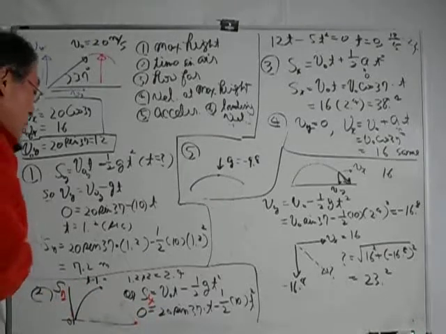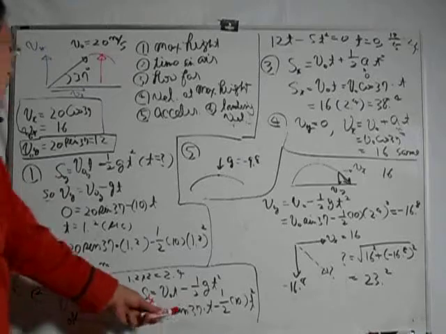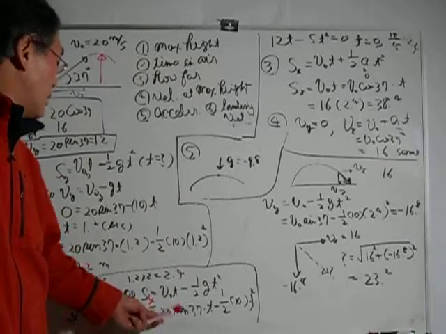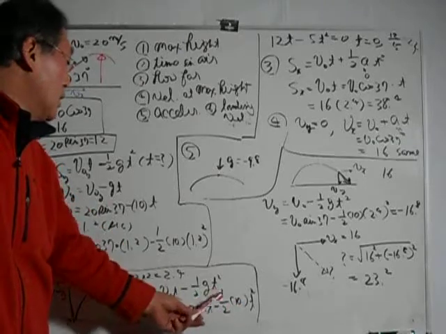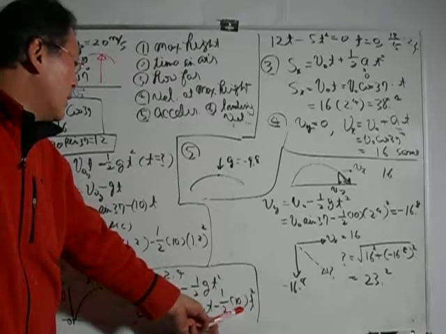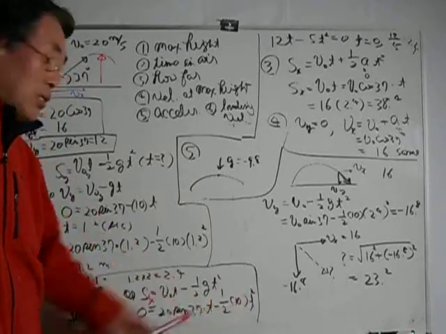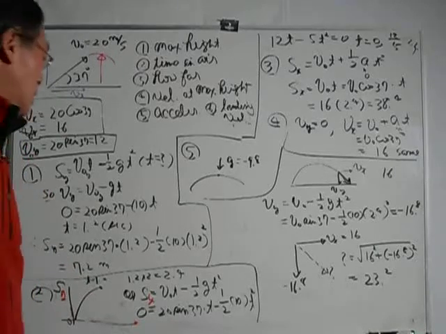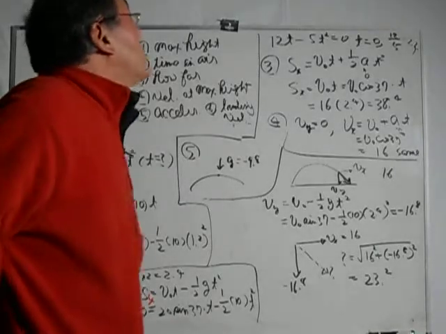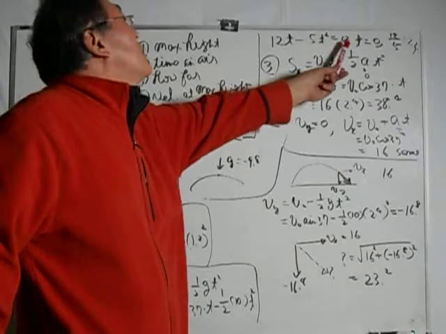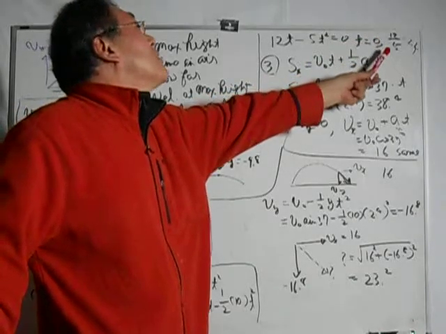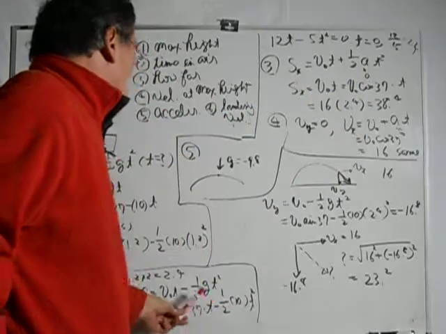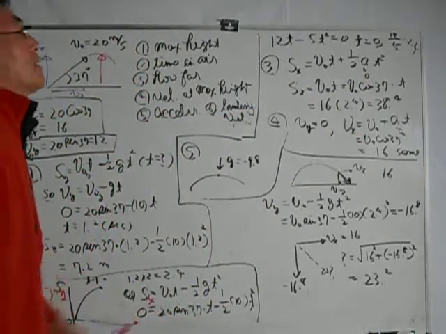Then V0 is 20 times sine 37, at the time t, minus half g t squared, like this. So this is a quadratic equation. So I figured it out. t is 0 or 2.4 seconds. So we have the same equivalent times.